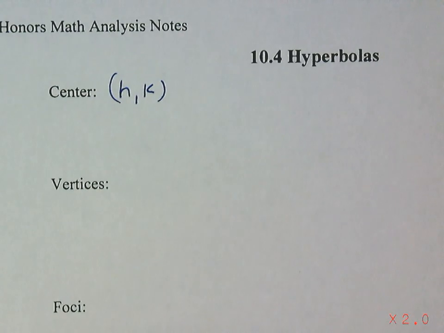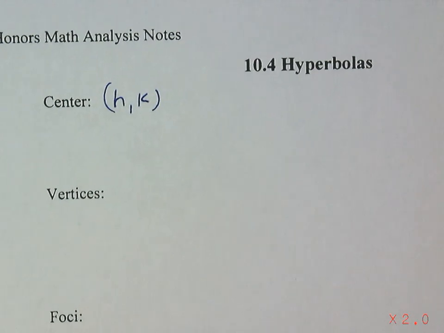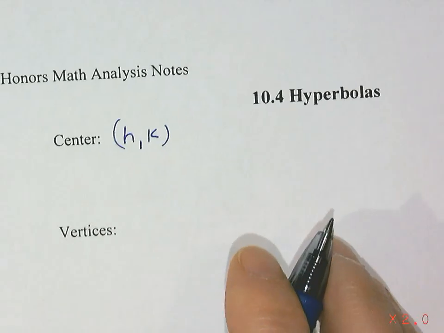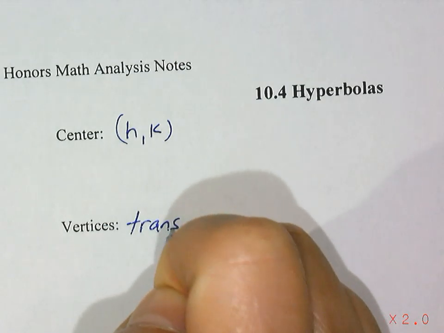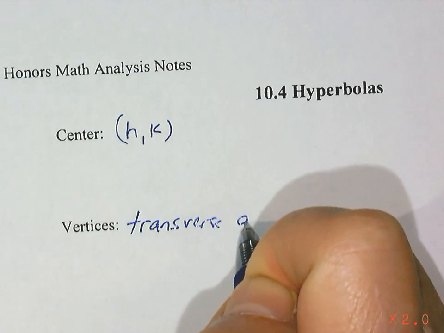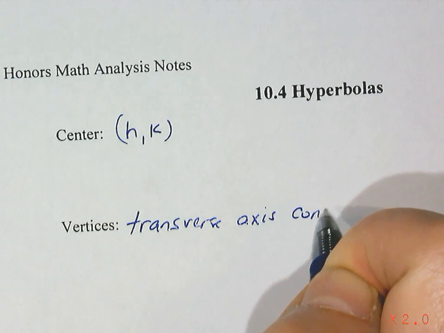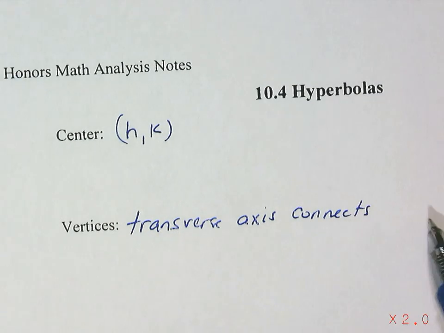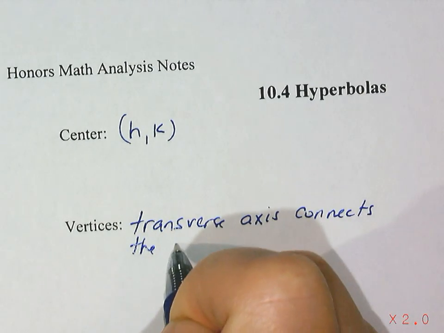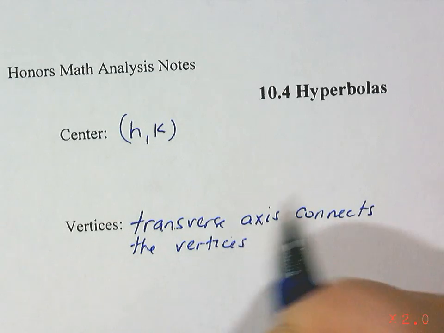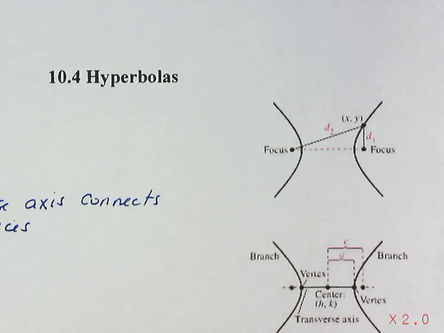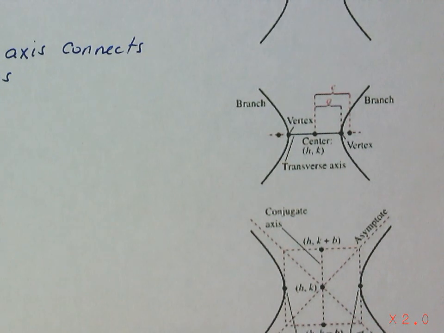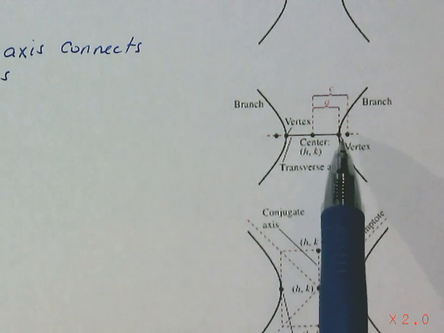So now a few definitions. The vertices: the transverse axis connects the vertices. So here is a vertex here, a vertex here.